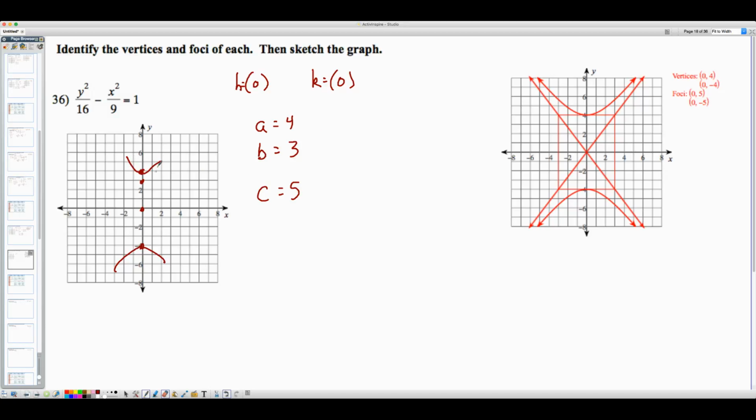My vertex, you'll notice, is on the axis of symmetry, so my vertices would be at 0 in the x direction, and then I would have 0 plus 4 or 0 minus 4 in the y direction. For the foci, it's going to be a little bit more than that. So it would be 0 plus 5 or 0 minus 5.